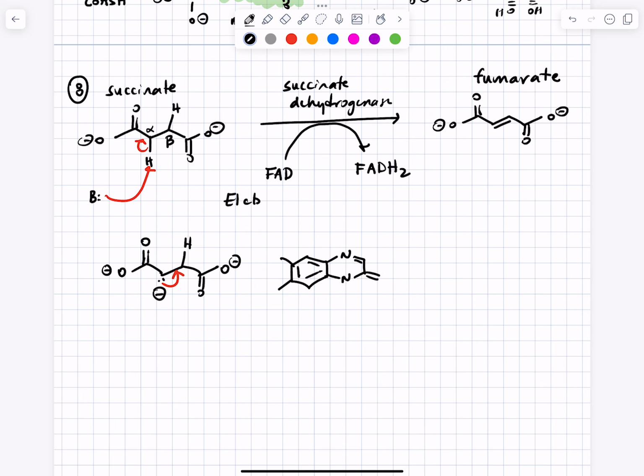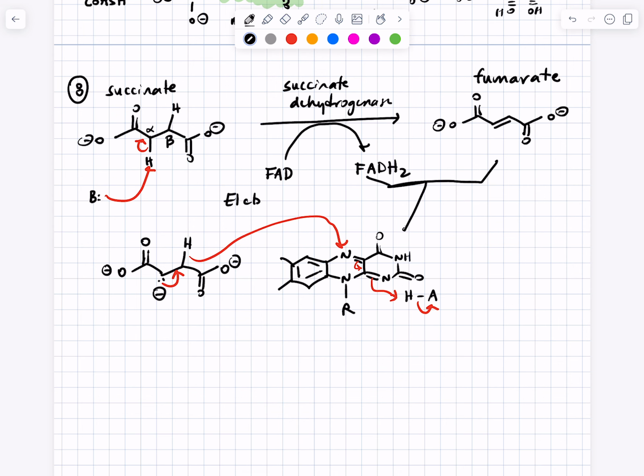I'm going to push the arrows here without a lot of explanation. The hydride gets delivered to this nitrogen, arrows rearrange themselves, and the nitrogen on the bottom picks up a proton from some other source. That gives us both fumarate and FADH2 as products.